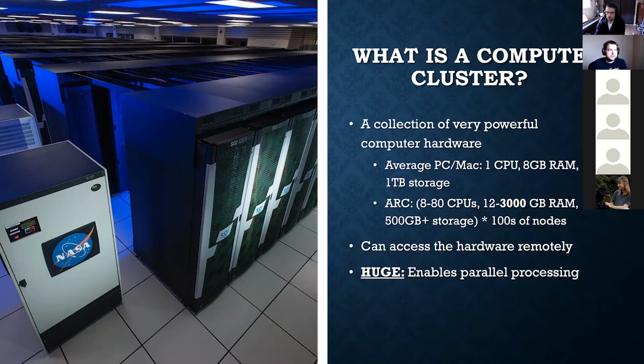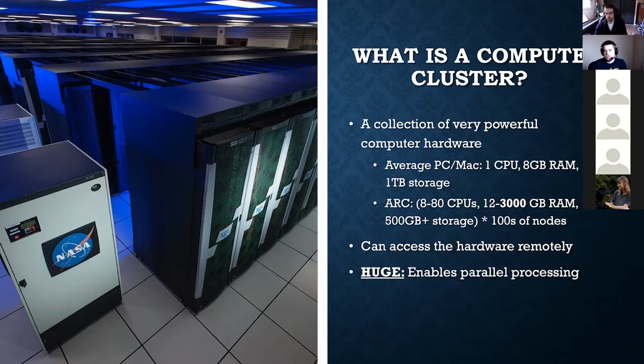But the general concept here is, if you're doing processing on a PC or a Mac, your average computer these days is going to have one processing unit, the CPU, maybe a graphics card, 8 gigabytes, 16 gigabytes of RAM, which is just your working memory in your computer, and maybe a terabyte or 500 gigabytes of storage space.